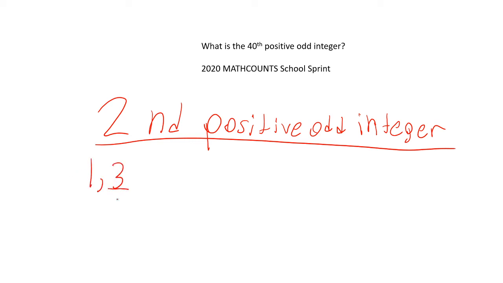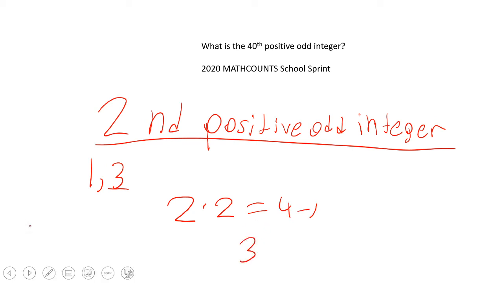So our answer is 3. But how do we get to 3? When I think of second, I think of 2. Well, I can multiply this by 2 and I get 4. 4 minus 1 is 3. So that's one way I can get there.